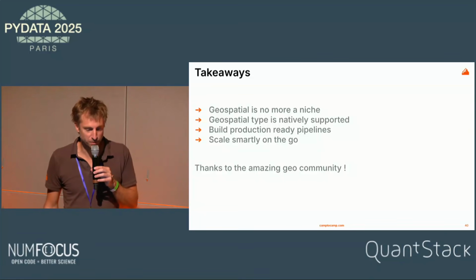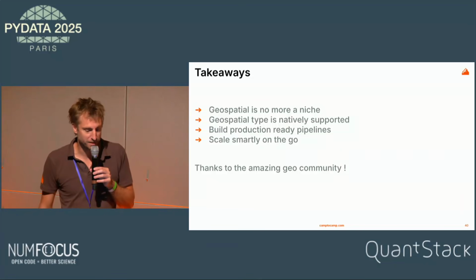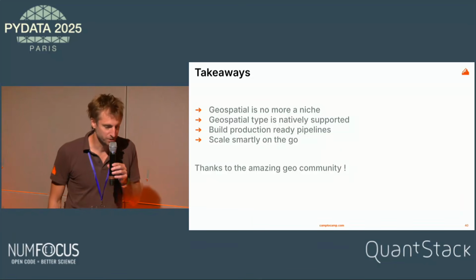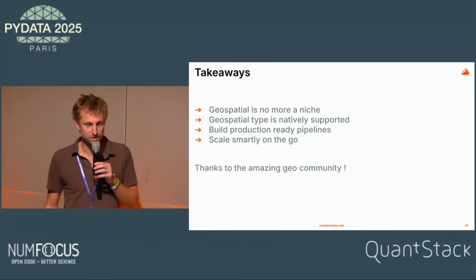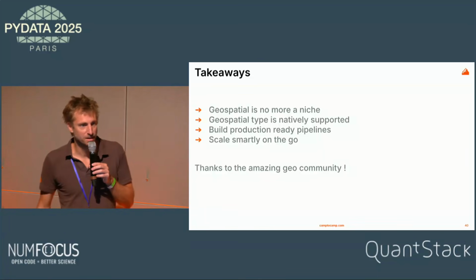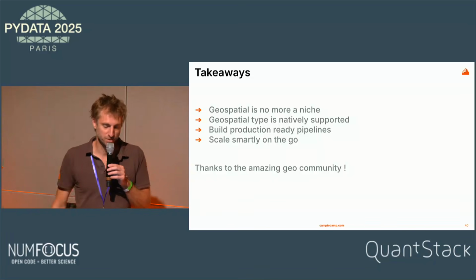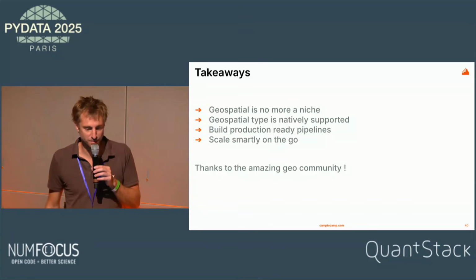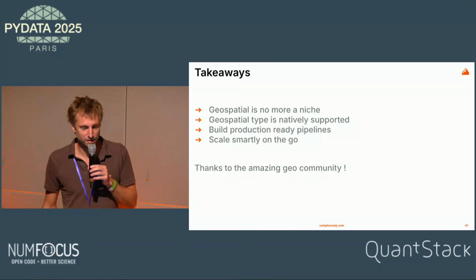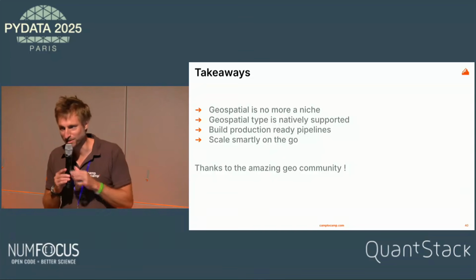And try to build production-ready pipelines with orchestration, monitoring, error management, etc. And I will just thank all the amazing geospatial community, all those guys who have ported geospatial things to Arrow, to Parquet, the Geospatial Foundation, because I think it's a really exciting moment in the geospatial world. And there is fancy new stuff all the time, and it's very exciting and promising.